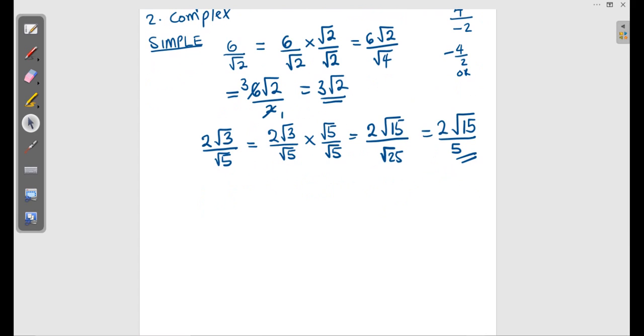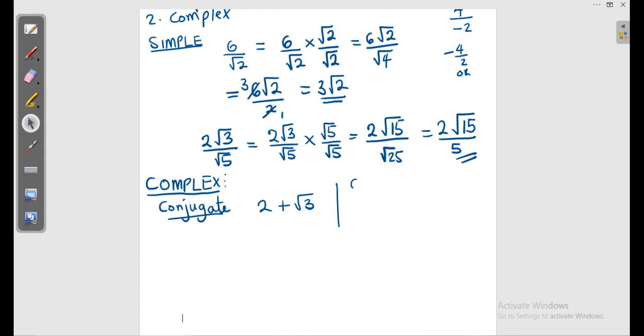Now we move to the complex case. Before doing this, we need to quickly recap something we learned before rationalization that we call conjugates. We said 2 plus root 3, while the conjugate would definitely be 2 minus root 3.